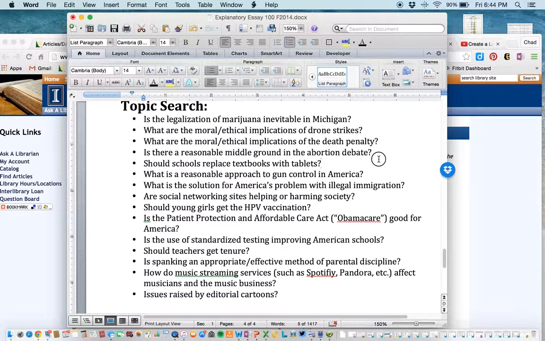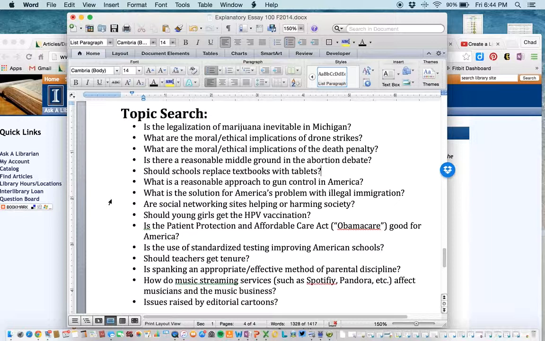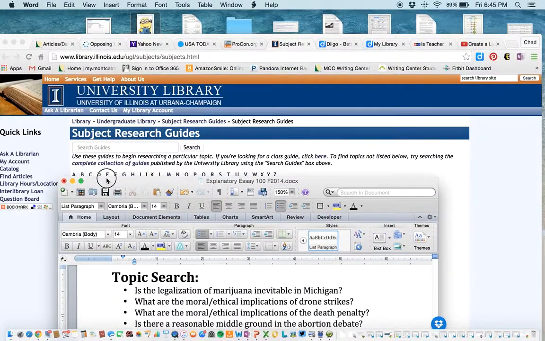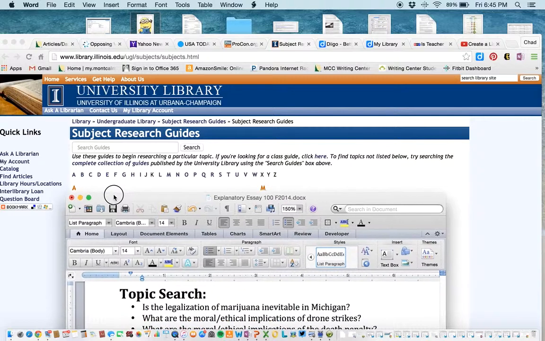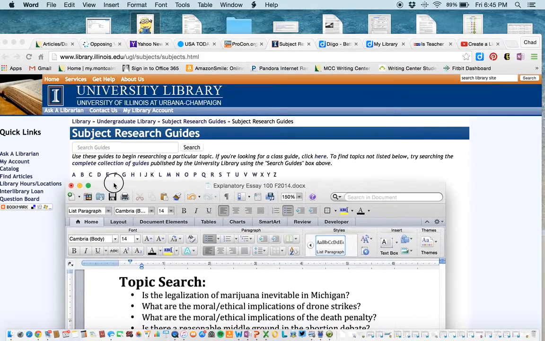Okay, and then once you've done that, just mark a few that you think are maybe your front runners. We are going to make sure that we don't have a bunch of people using the same topic, and so it's good to have a favorite and maybe a couple of backups in mind when you come back to class next time. Okay, again, just thinking about topics right now, but get a move on that, get some stuff on paper so that we can discuss it when I get back.